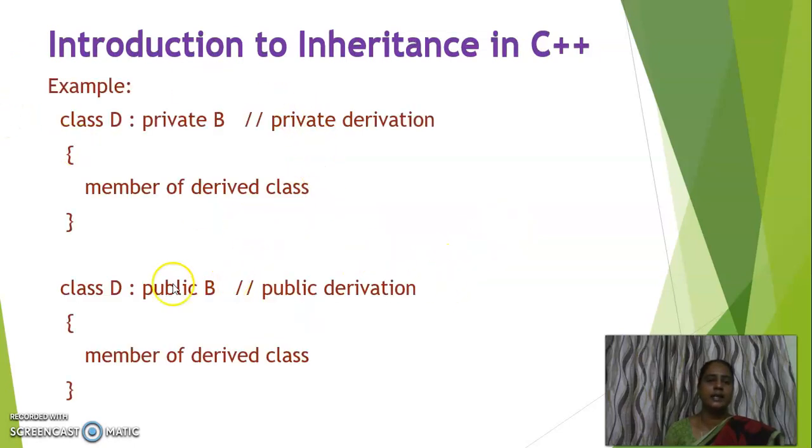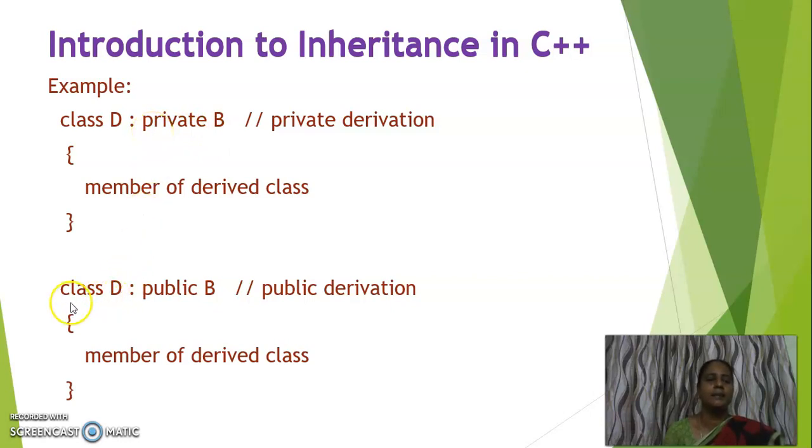So this is an example of using inheritance. Class D colon private B, where D is the derived class name, B is the base class name and private is the visibility mode, which means this derived class D inherits the base class properties in private mode.